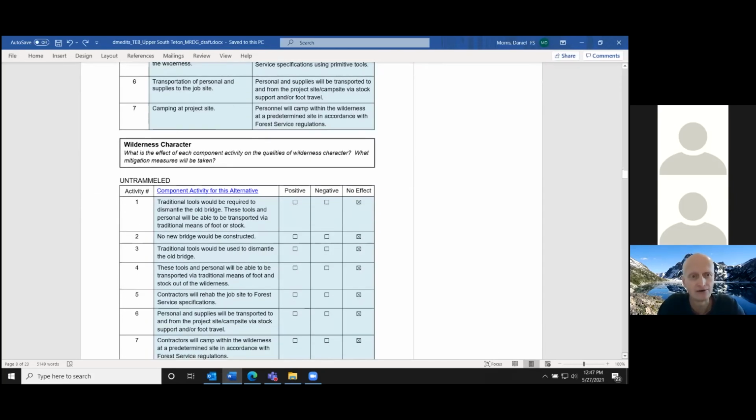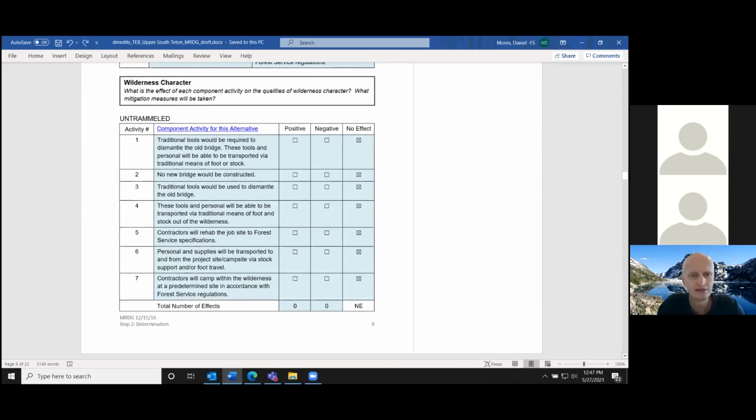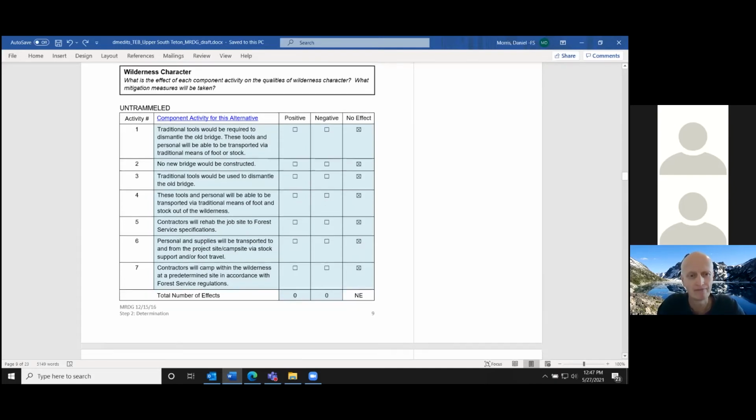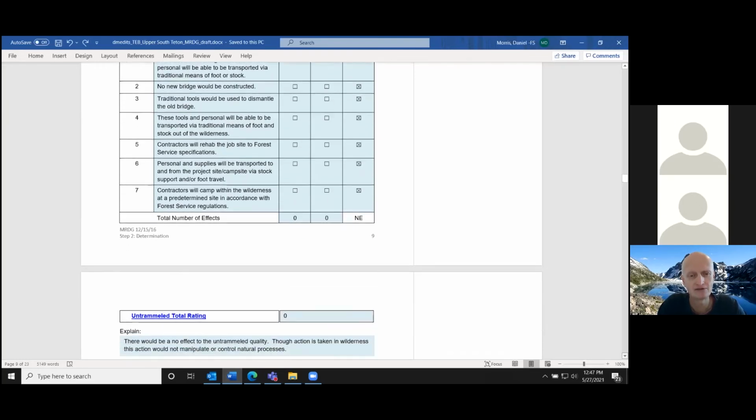All right, so is there an effect to untrammeled? Probably not. Yeah, we're taking an action, removing an old bridge, but we're not intentionally trying to manipulate the stream or manipulate natural processes here. So I don't think there's an effect on untrammeled.